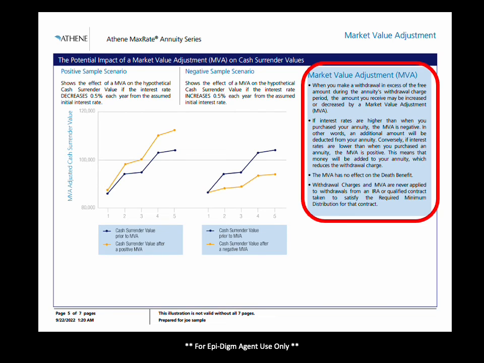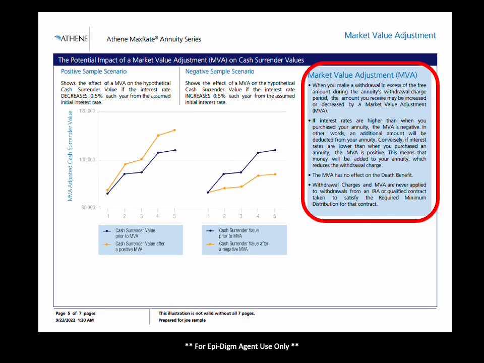Okay? And more than likely, the other direction is what you'll experience, that on top of surrender charges, you have little more extra charge. We call that market value adjustment.